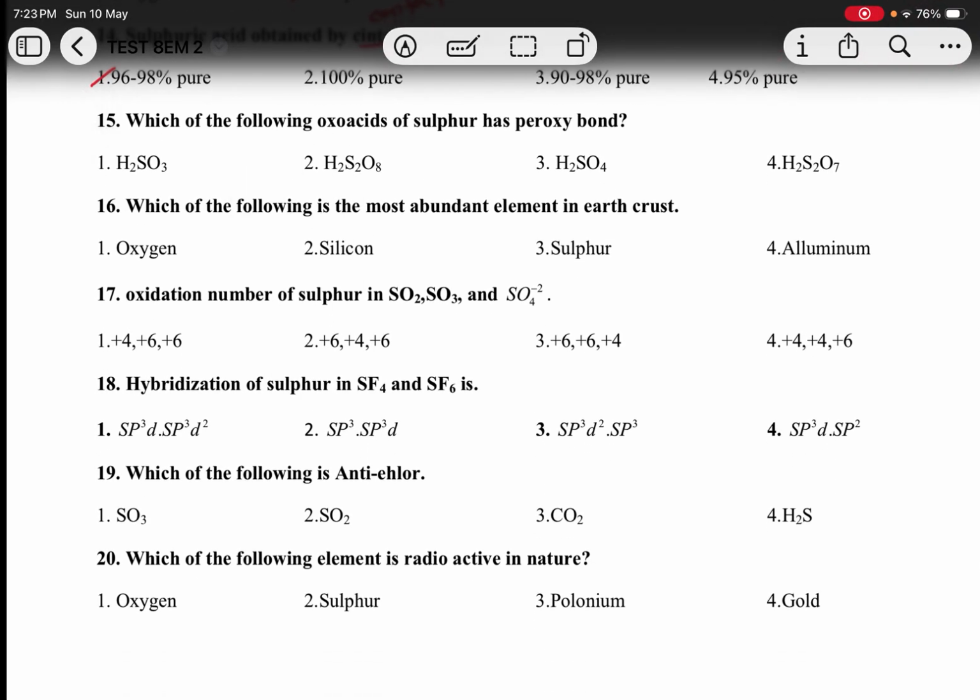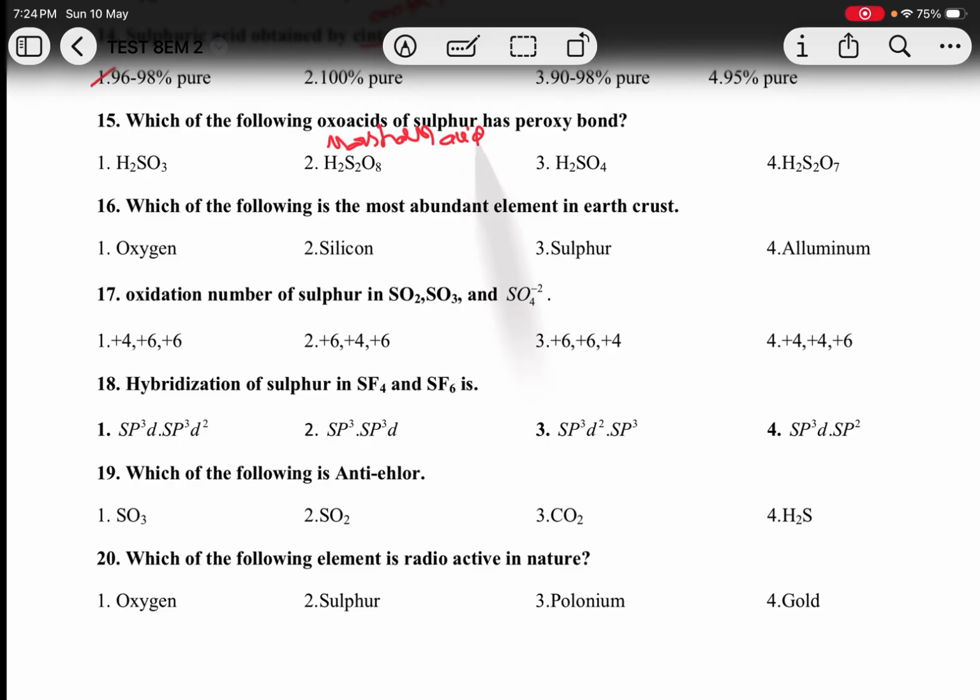Next, 15th: which of the following oxo acids of sulfur has a peroxy bond? That is H2SO3, sulfurous acid; H2S2O8, known as peroxy disulfuric acid, also known as Marshall's acid.